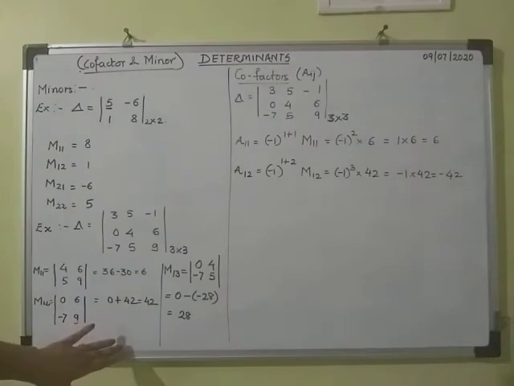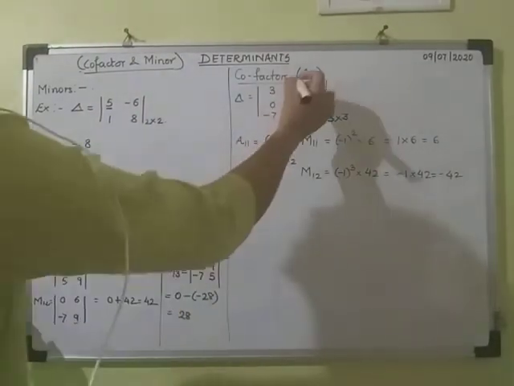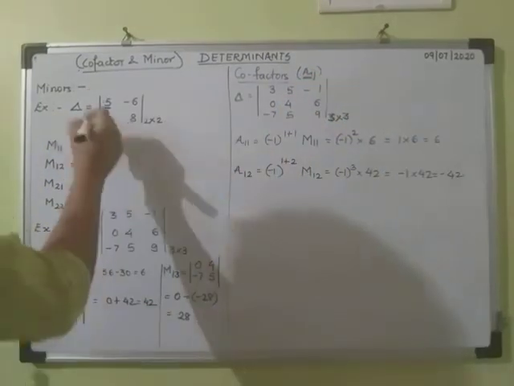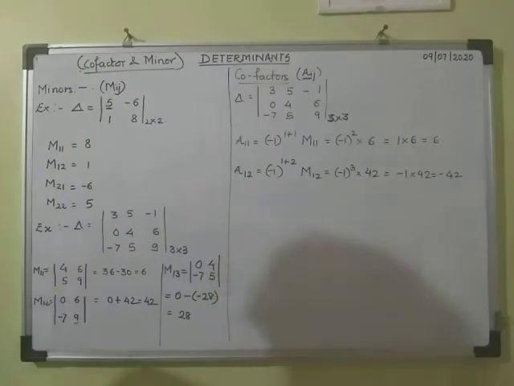One more thing: cofactors are denoted by the letter Aij, whereas minors are denoted by the letter Mij. Keep that in mind. I stands for rows, J stands for columns.